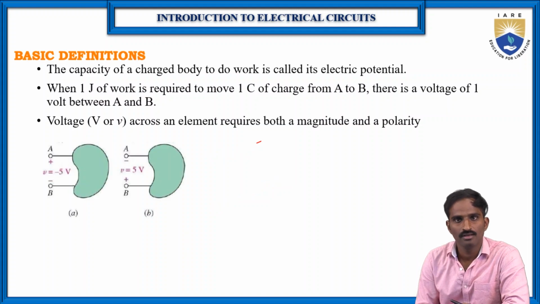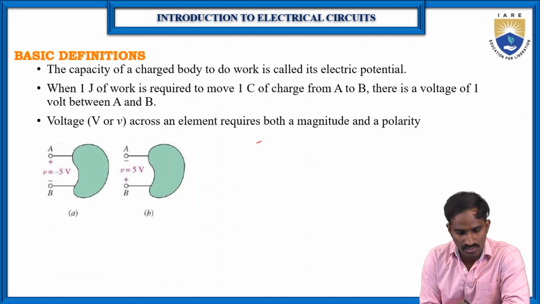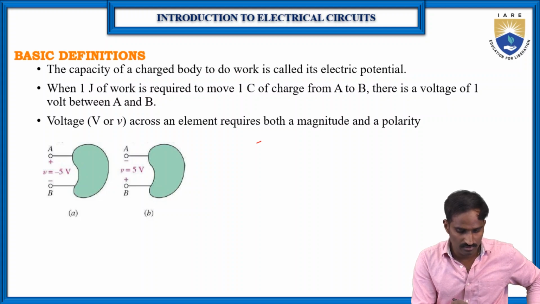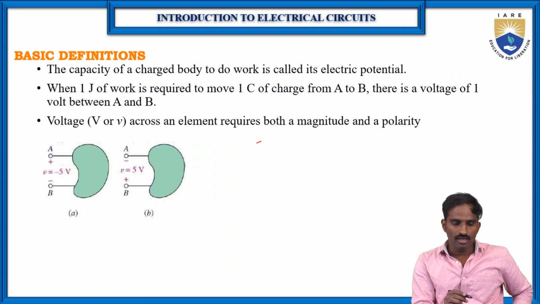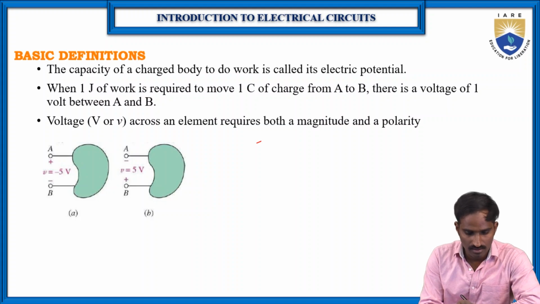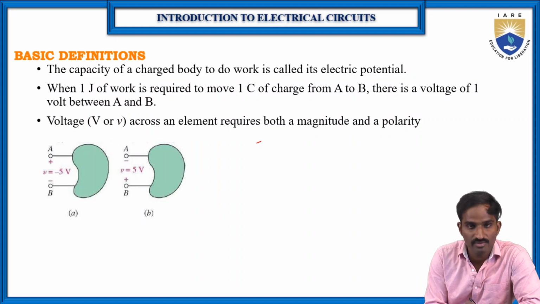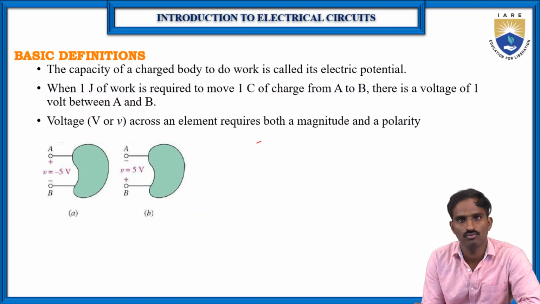So here let us take 2 examples, figure A and figure B. In figure A, the voltage across the point A and point B, here we are representing the voltage as small v, equal to minus 5 volts.